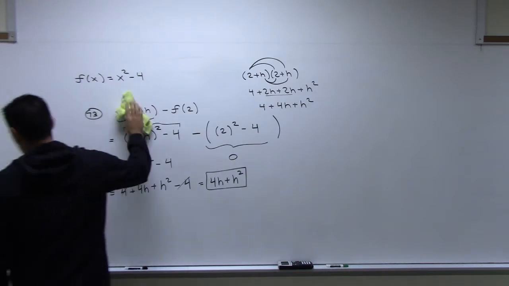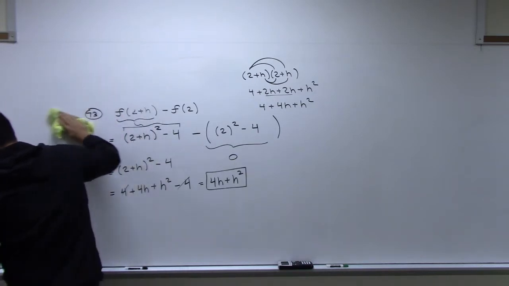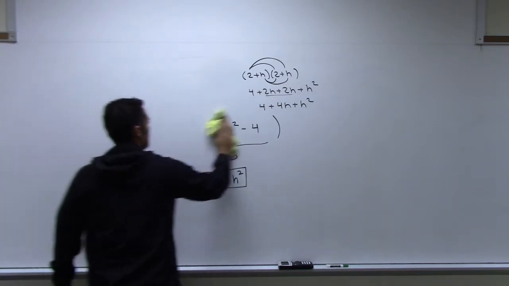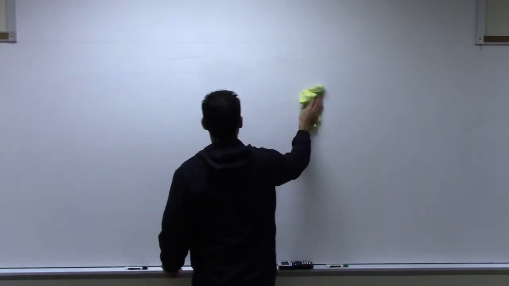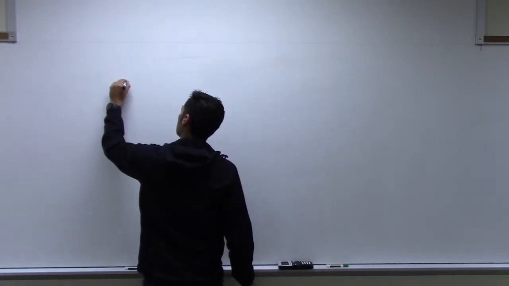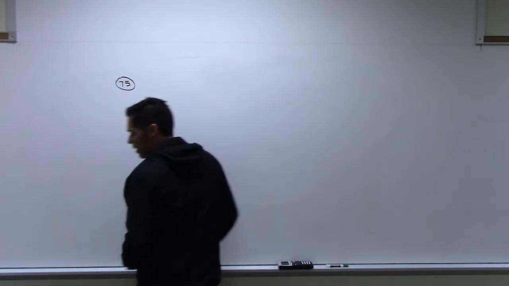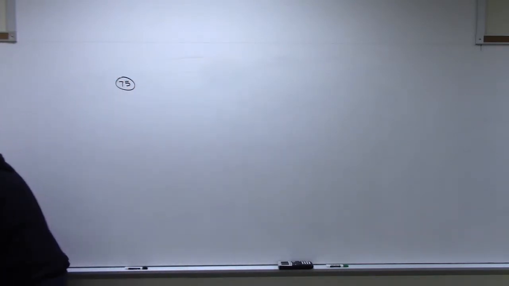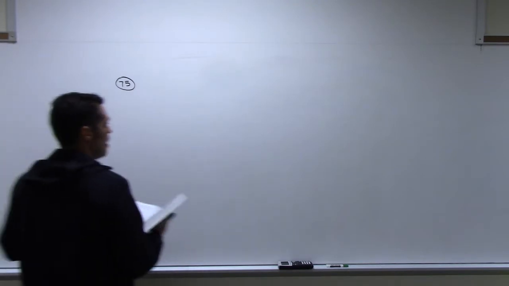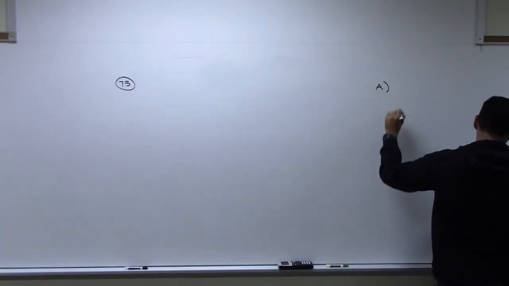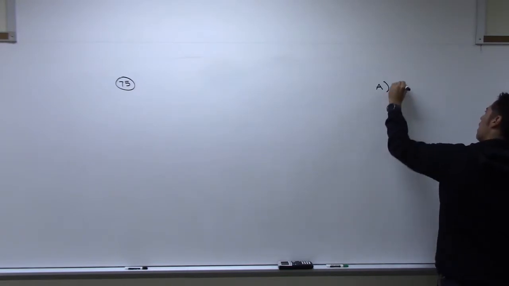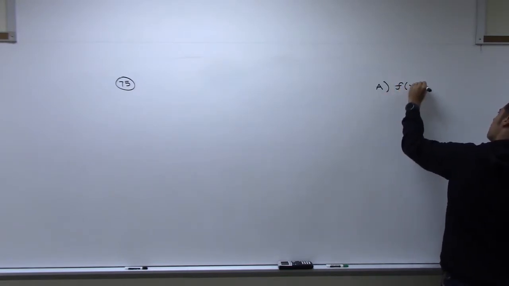Okay, so we're moving on to numbers 75, 77, and 79. For number 75, 77, and 79, they ask us to find three different things. I'm going to write it down over here. For part A, they want to know what f of x plus h is.